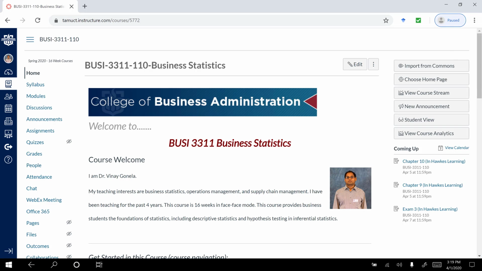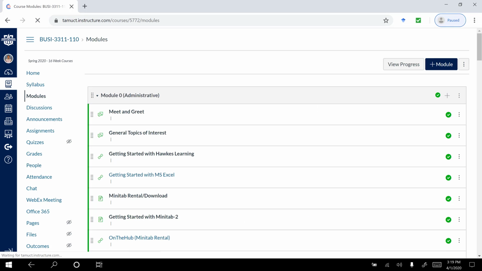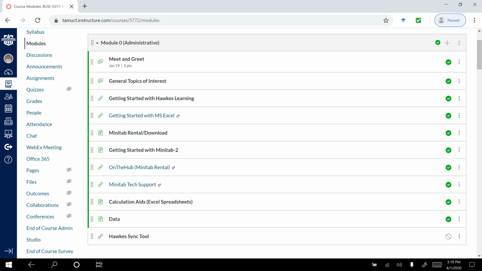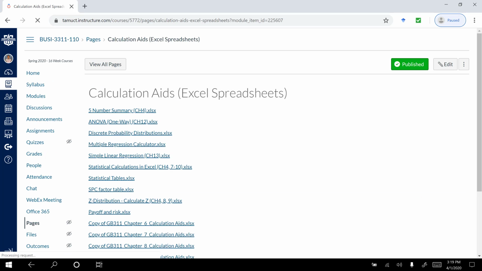I'm going to Canvas, go to modules, then go to the calculation aids page and download the statistical tables.